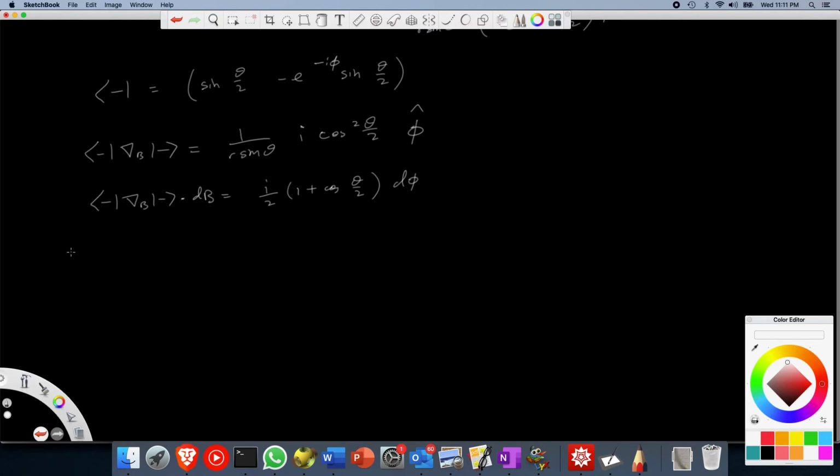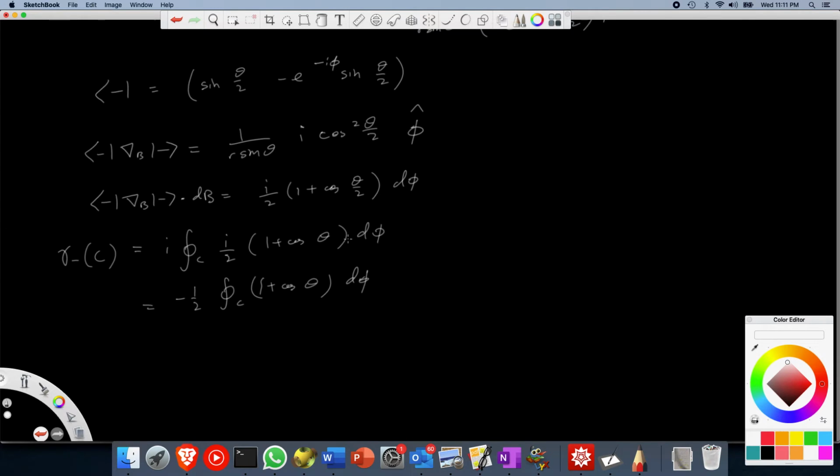If we integrate around a closed loop, we get that the Berry phase for the minus eigenstate along a cyclic path C is the closed loop integral of i over 2 times 1 plus cosine theta d phi, which equals minus half the closed loop integral of 1 plus cosine theta d phi.